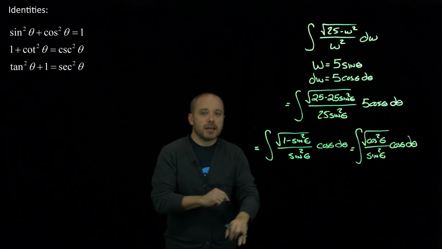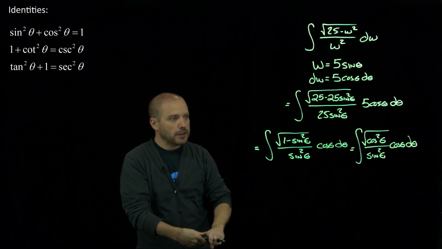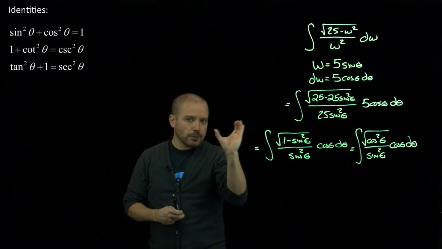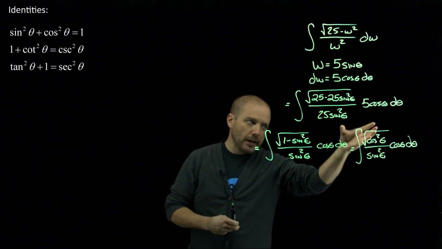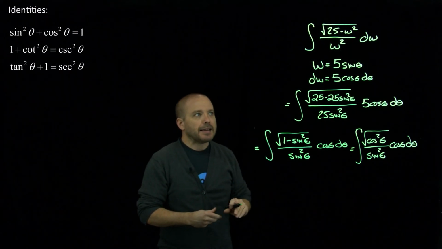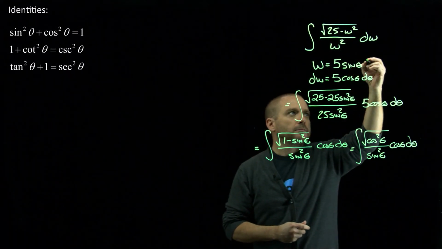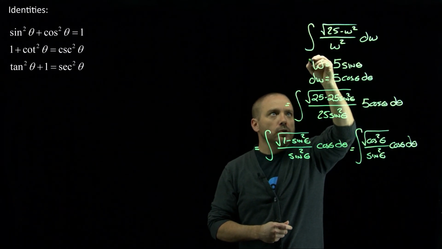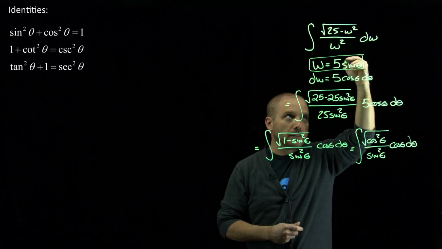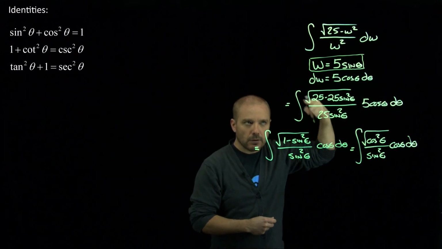And now we have that same issue that we did with tangent. Square root of a square is the absolute value. So really, when we simplify that, it should be the absolute value of cosine. But again, this substitution is hiding the fact of what theta is really being defined as, because it's written in terms of the original variable.